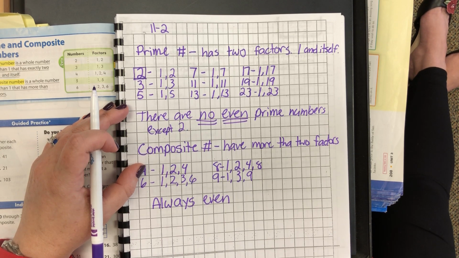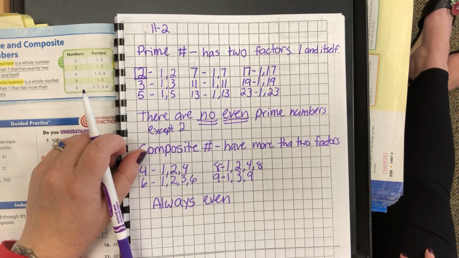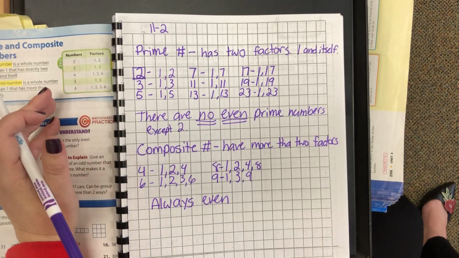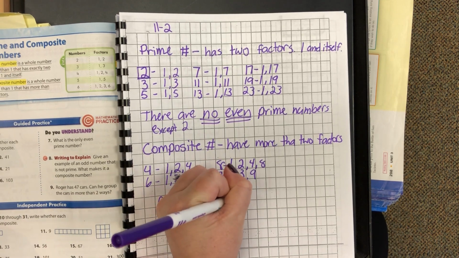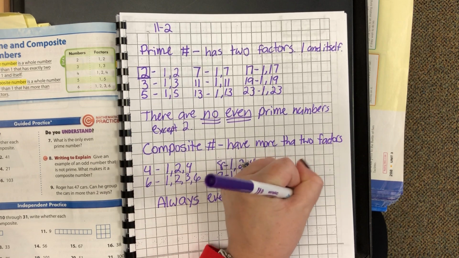Okay? So basically, any number after 12, if it has no dots, it's prime. Any number before 12, if it has 1 dot, then it's prime because it's a multiple of itself. Cool? All right. So always even, sometimes they're odd too.